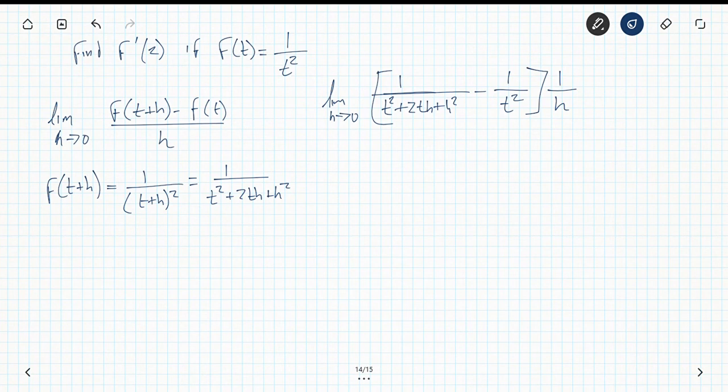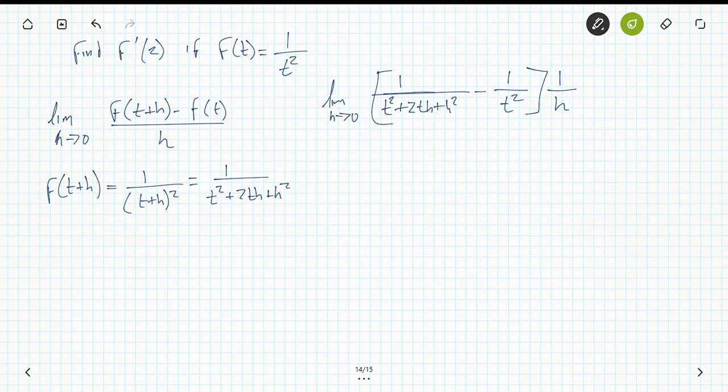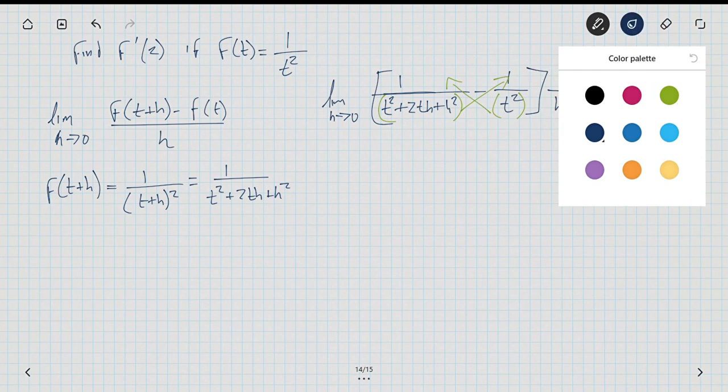Alright, so now we have two different denominators, so we're going to grab this denominator and put it here, grab this denominator and put it here, all of it. And then our new denominator is going to be the product of those two. Alright, so let's get started on that.